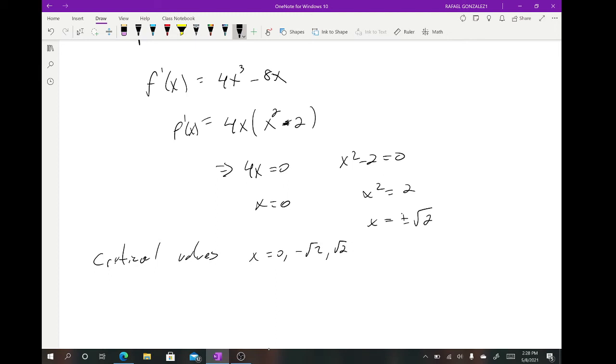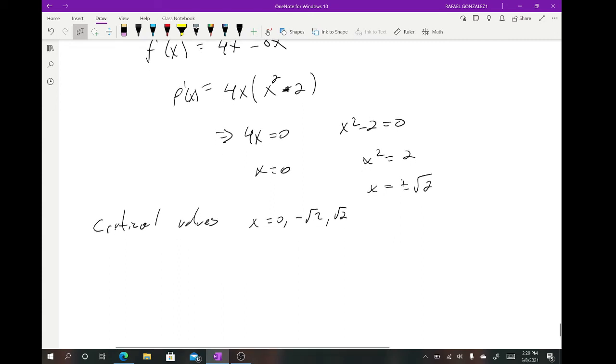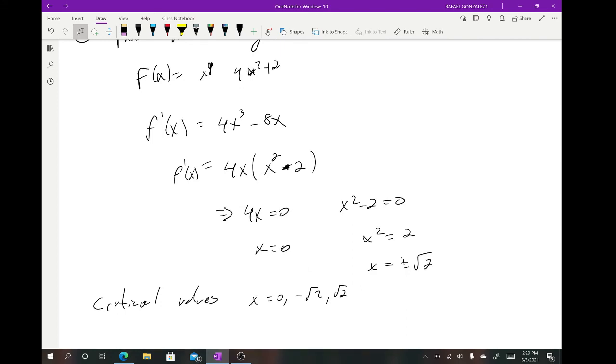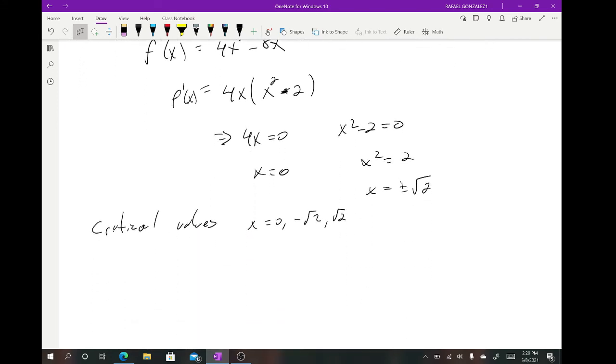Now, because we have to classify the relative extrema, what this means is to figure out where the function is increasing and decreasing. So again, one way to do it is to use the second derivative test, but we could also use the first derivative test. Either one is fine.